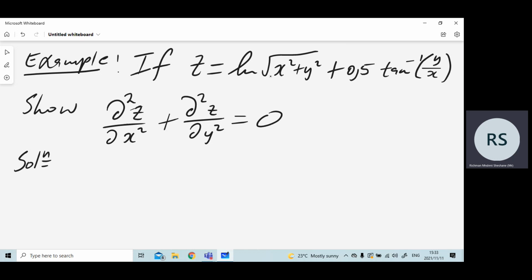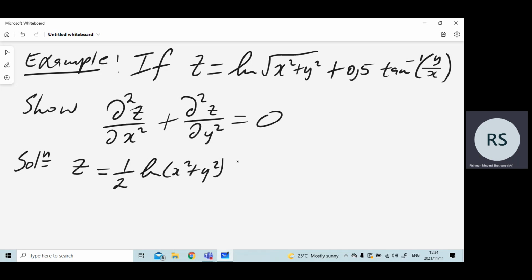In the first term, x squared plus y squared is to the power of half. With the log property, you can take this power half down, which means I can write z as 1 over 2 ln of x squared plus y squared.